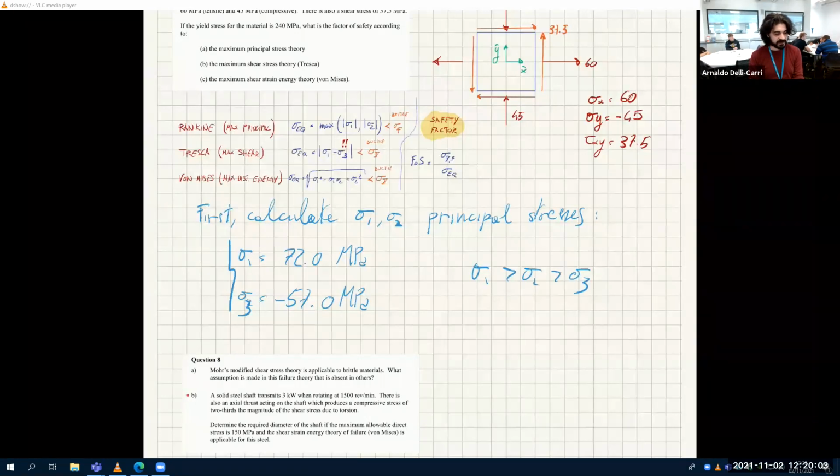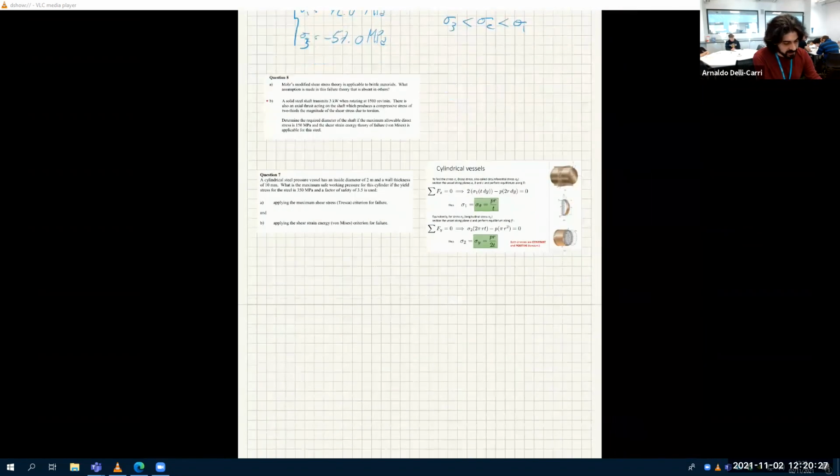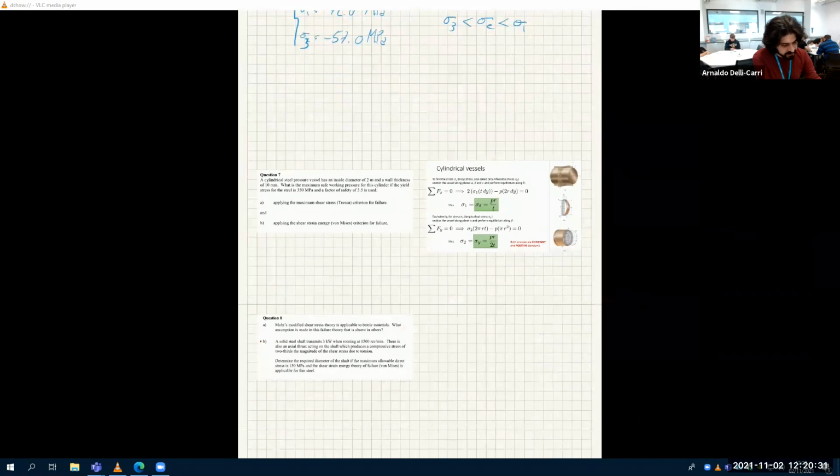So sigma 3 is minus 57, sigma 2 is 0, and sigma 1 is 72. Now these are really useful just for Tresca. These ones are the same. So let's solve the maximum principal stress, Rankine theory.